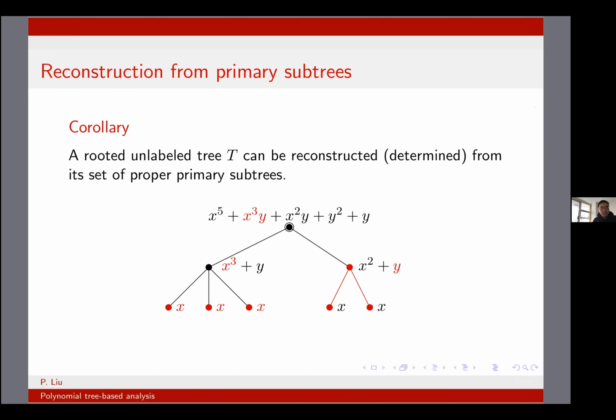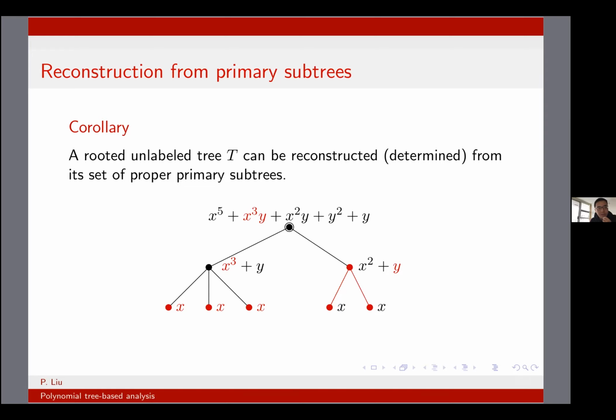All right. So there is a straightforward corollary for this. A rooted phylogenetic tree T can be reconstructed from its set of proper primary subtrees. The primary subtrees are actually the black part.